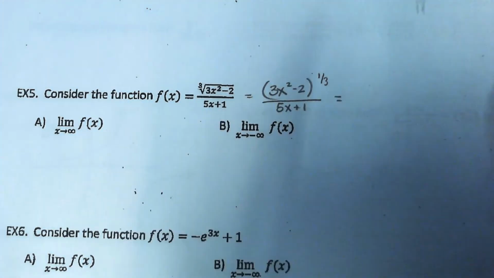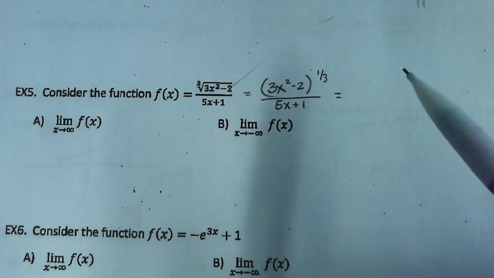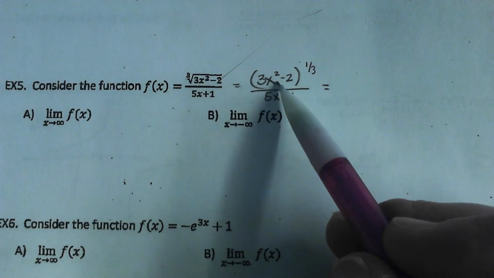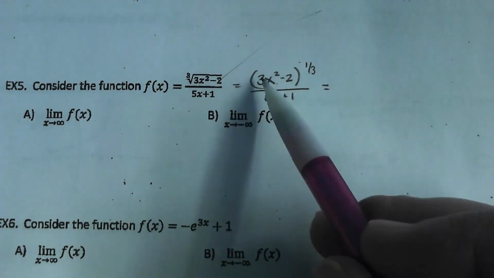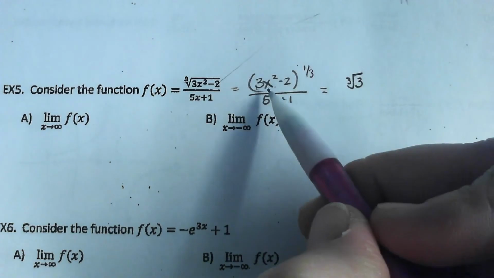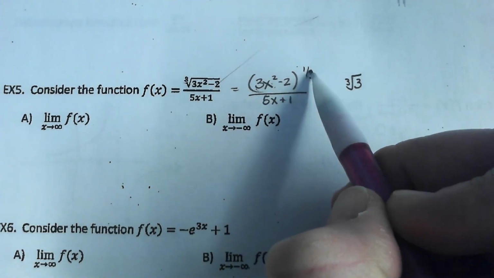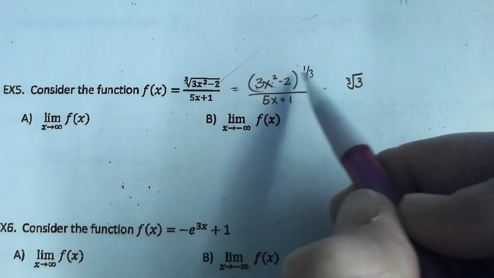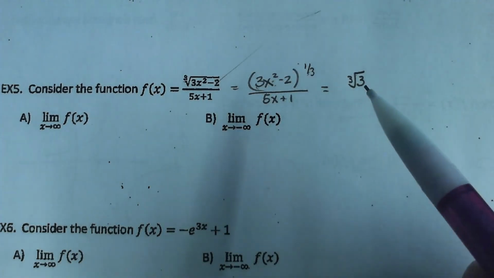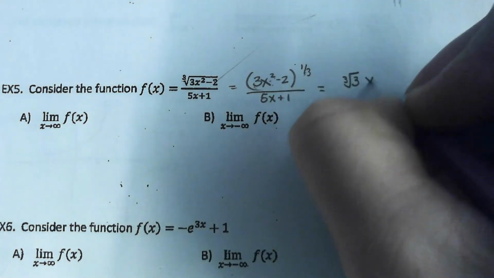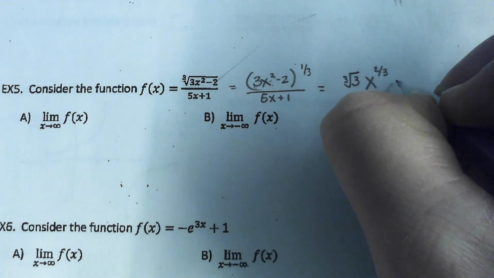And even though we're not going to raise the binomial to the 1/3 power, we can at least wrap our head around what the leading term of it would be. Because 3x squared to the 1/3 power would be the cubed root of 3 as a coefficient, and then x squared to the 1/3 power. When you raise an exponent to an exponent, what are you supposed to do? What's the rule? Multiply. 2 times 1/3 is x to the 2/3.